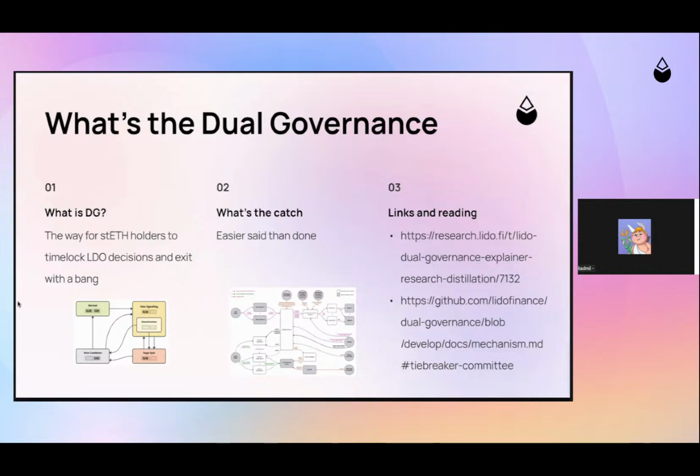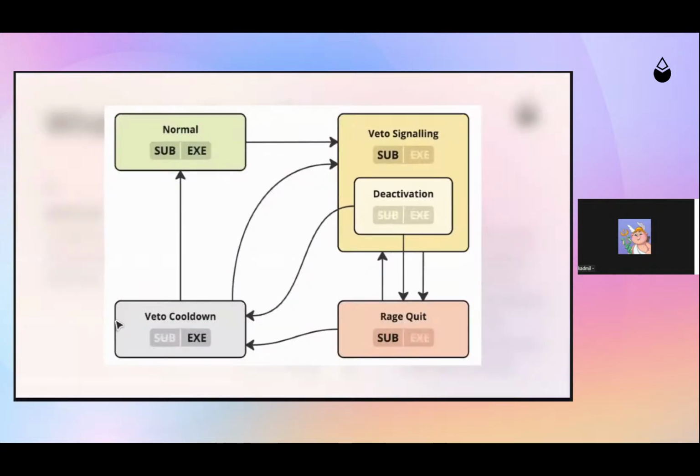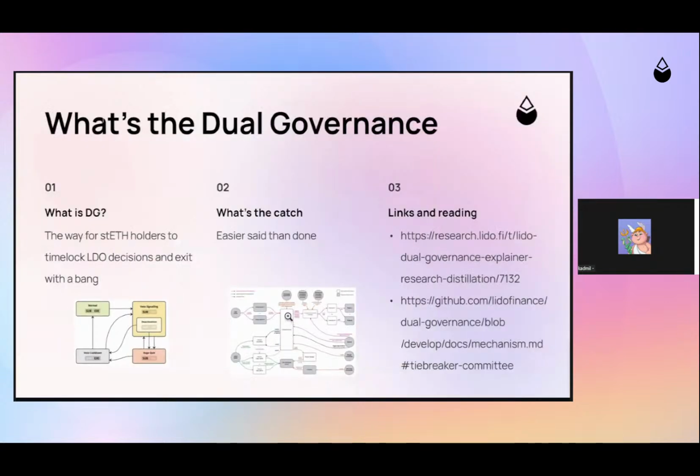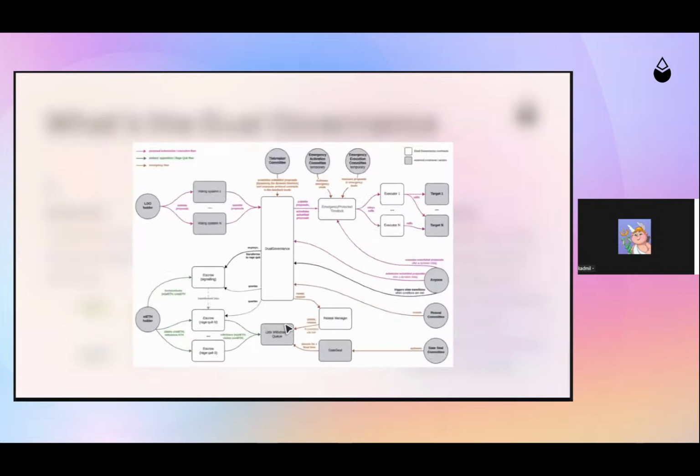So the first idea was to do something very straightforward: allow a long enough time lock between LDO governance decisions and their executability, giving enough time for the stETH holder to exit the protocol if they don't like what LDO has to offer. In essence, that's easier said than done.